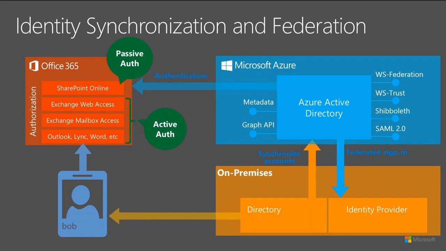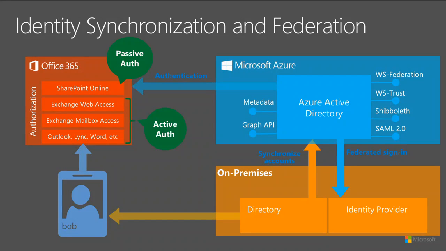With Azure Active Directory, you have several different ways of getting information and querying the directory through metadata or also through Graph API. And we have different interoperability endpoints as well for things like WS-Federation, WS-Trust, Shibboleth, and SAML. And those are for third-party identity management connectors that you want to do federation with Active Directory.